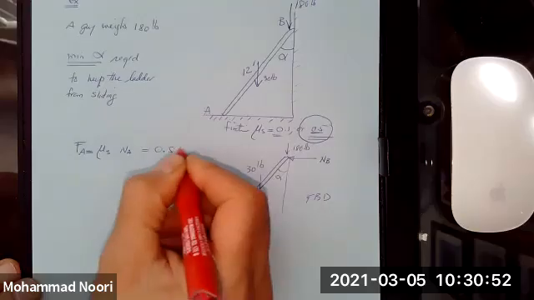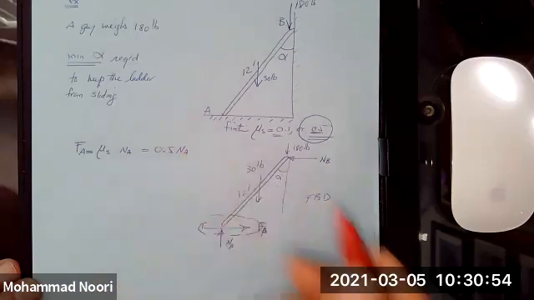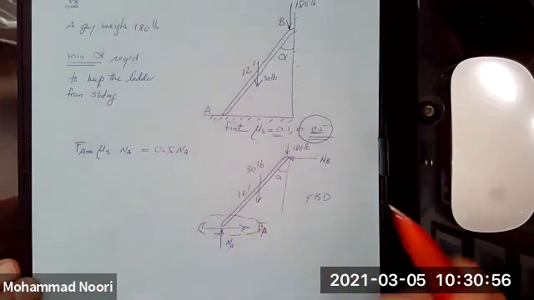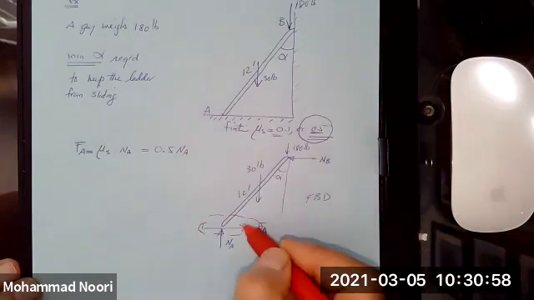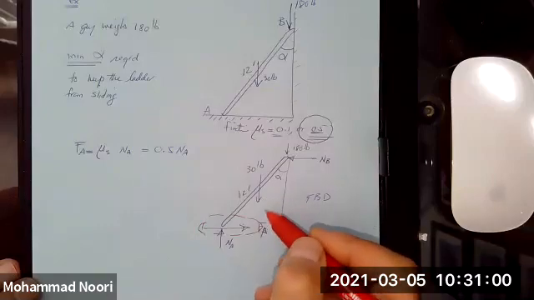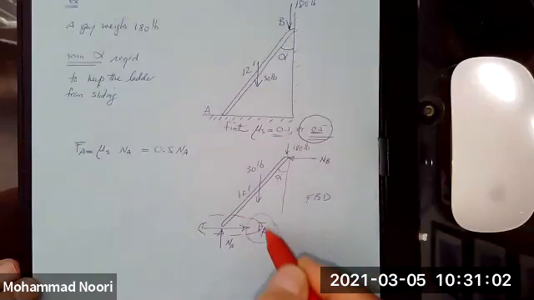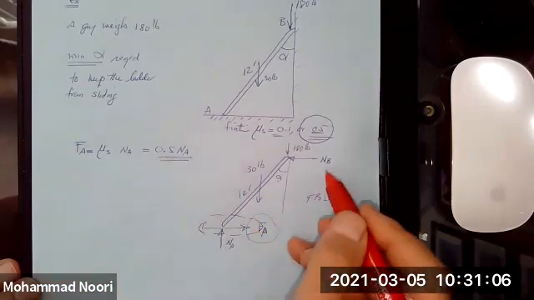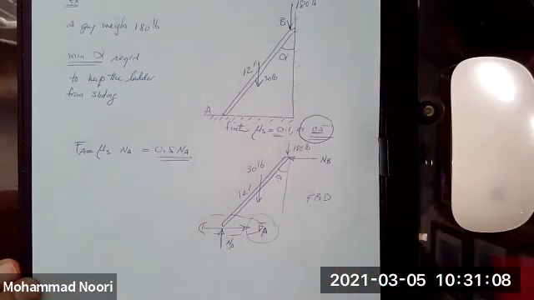If this is the coefficient of friction, it would be 0.5 NA. So you have three equations, three unknowns. What are the unknowns? NB, NA, and alpha. F of A is not an independent unknown because it is related to NA. So you have three unknowns, three equations.